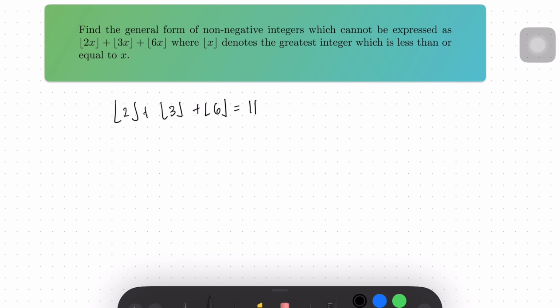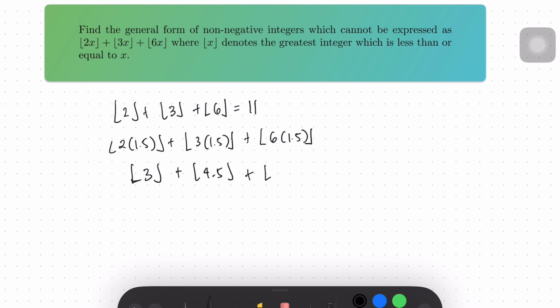If we try, let's say, x equals 1.5, we get the floor of 2 times 1.5 plus the floor of 3 times 1.5 plus the floor of 6 times 1.5. We get here 3, 4.5, and 9. The floor of 3 is of course 3, the floor of 4.5 is 4, the floor of 9 is of course 9.